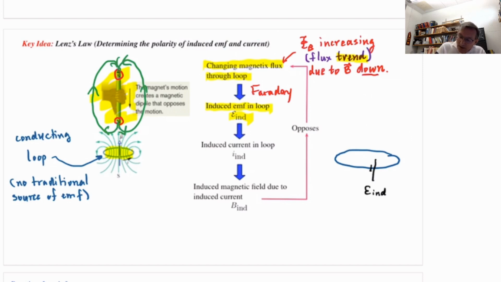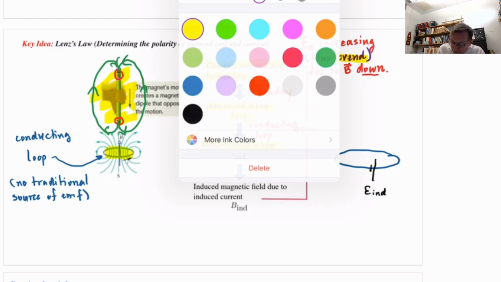So that's just from the fact that I have a conducting loop with an EMF in it. So there'll be a current going around. Now we're going to call it induced current, because it comes from this special kind of EMF called an induced EMF. We'll label it I sub IND.